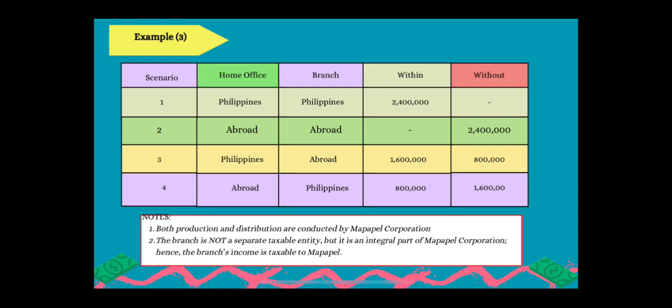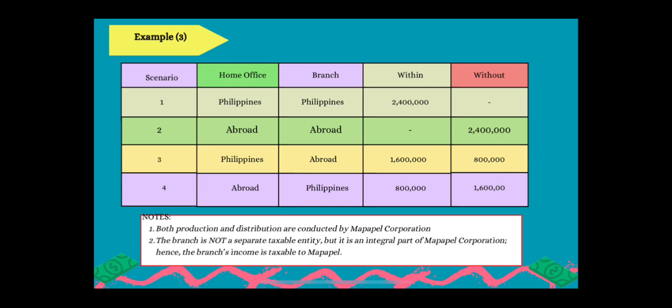Third scenario, if the home office is in the Philippines and the branch is abroad, the status of it is a resident foreign corporation. Last scenario, if the home office is abroad and its branch is in the Philippines, then its status is a resident foreign corporation.